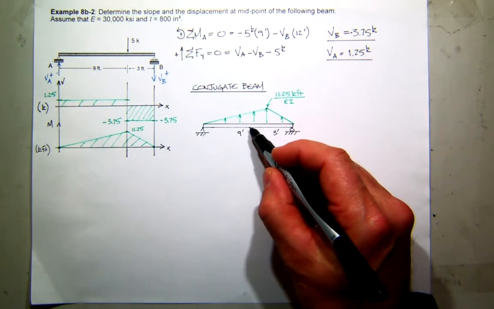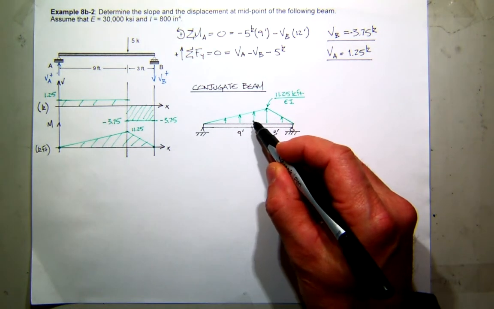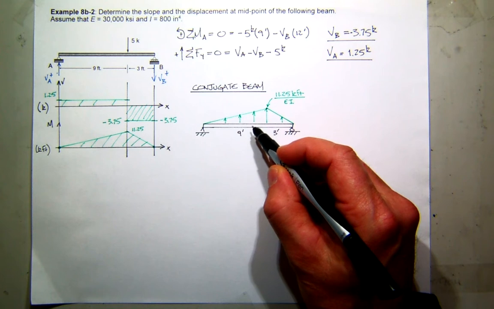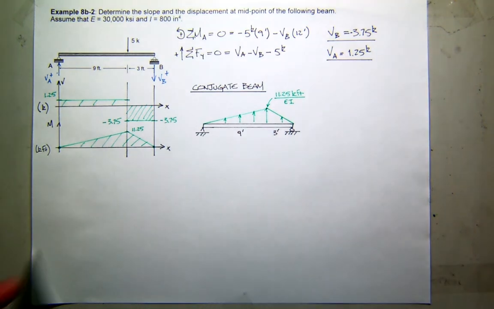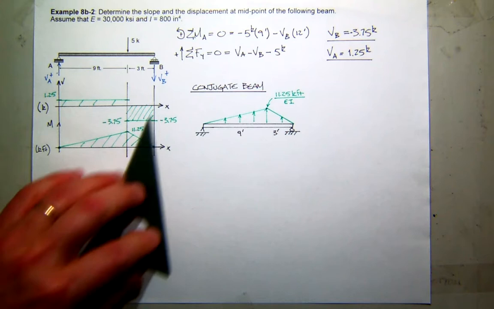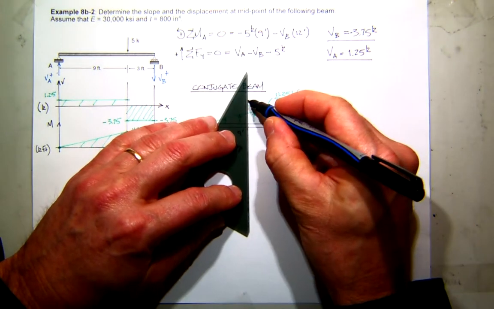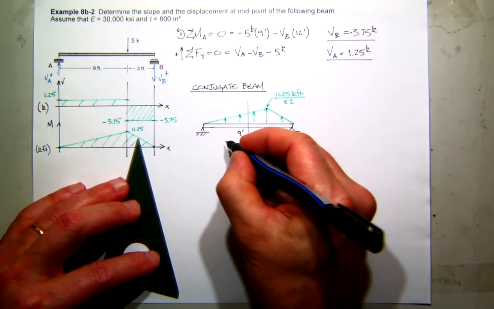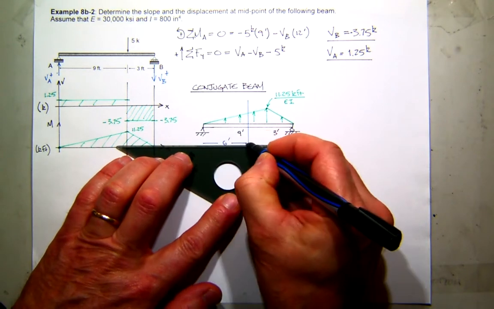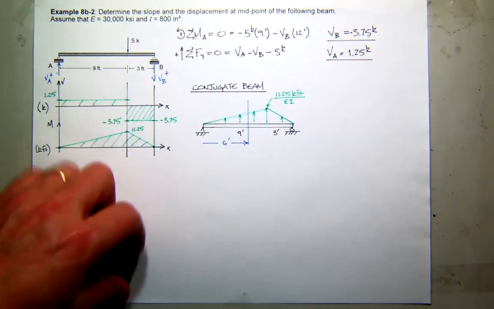So ultimately, I want to find the internal shear force and bending moment here at the middle of this beam. In fact, I'll just sketch that point out, and I'll say that's 6 feet over. And that'll help us plan what we're going to do next.